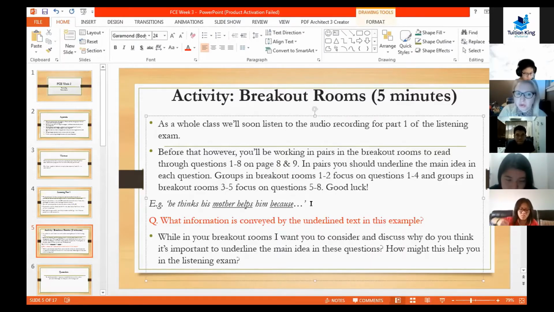So just before we start our breakout rooms, let's talk a little bit about why we've underlined these main ideas specifically. If we think about what information is conveyed by the underlined text, we have mother. So he thinks someone, who is that person, does something. What is the action? So who does what? Mother helps. And then because.